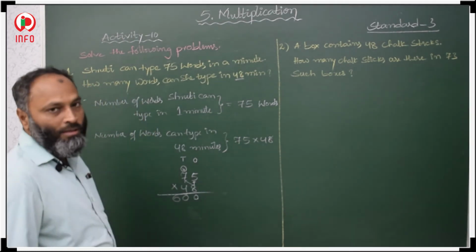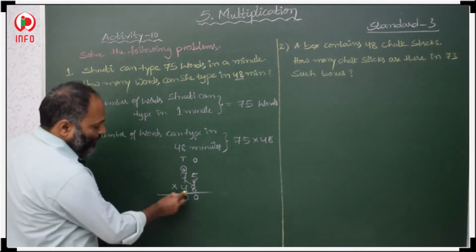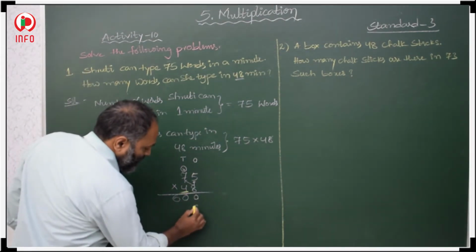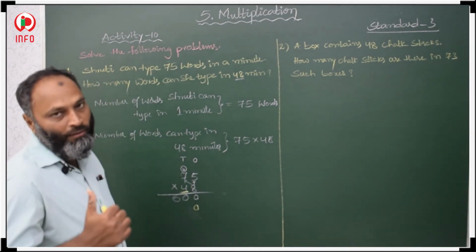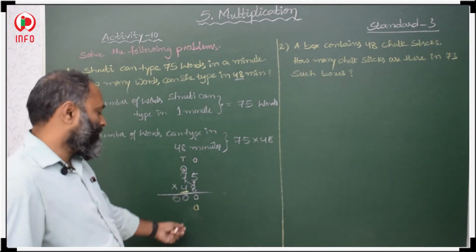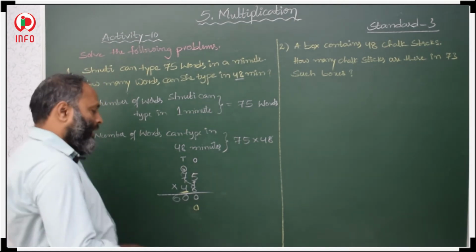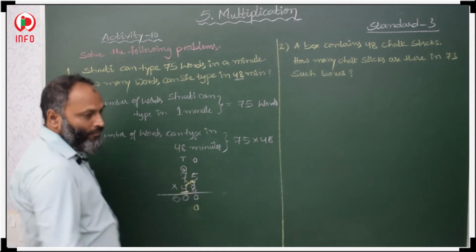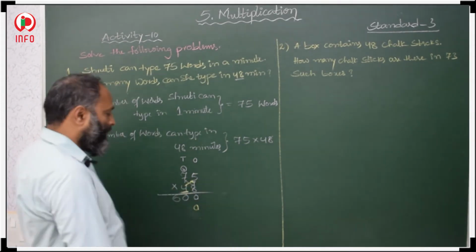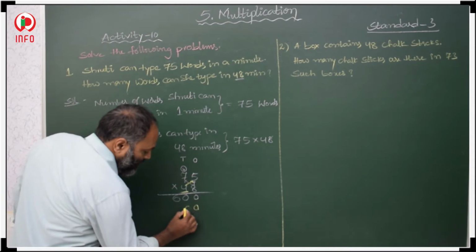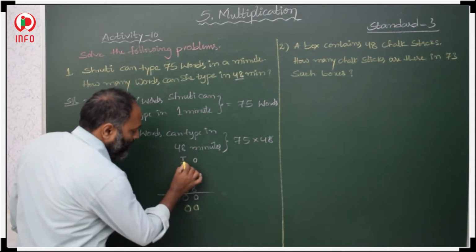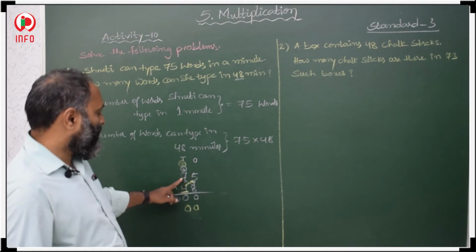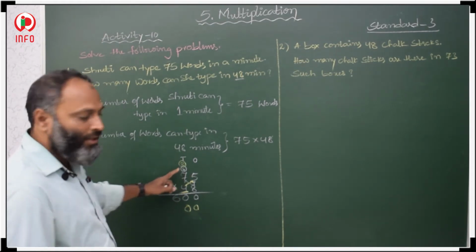Then after we have to multiply with 4. 4 is in tens place, so we keep 0 first. 40 means 0 is there. So that is why we keep 0 first, and after that we start multiplication. 4 fives are 20. 20 means 0 in tens place and 2 carried over. 4 sevens are 28, 29, 30.